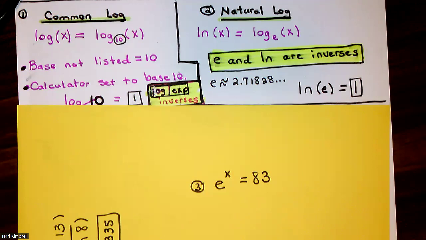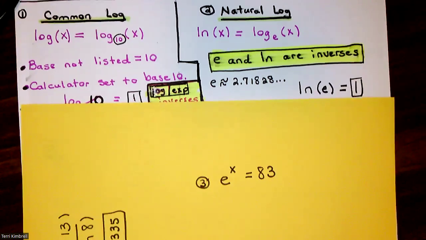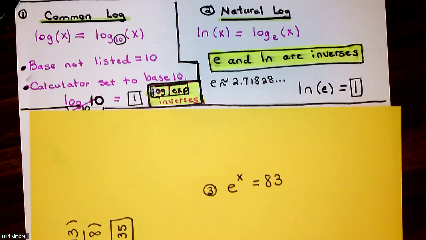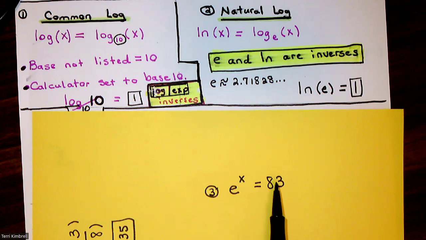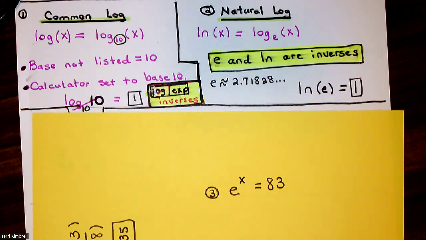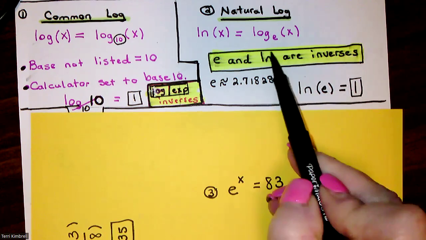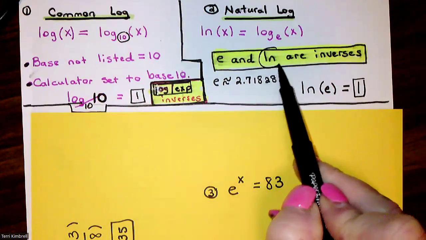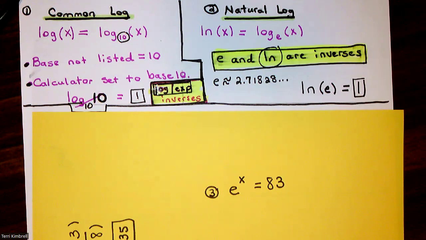So if you were trying to find what to raise e to the power of to get 83, that would be very difficult since e is that decimal right here that keeps going forever. What you would need to use is to know that ln and e are inverses.